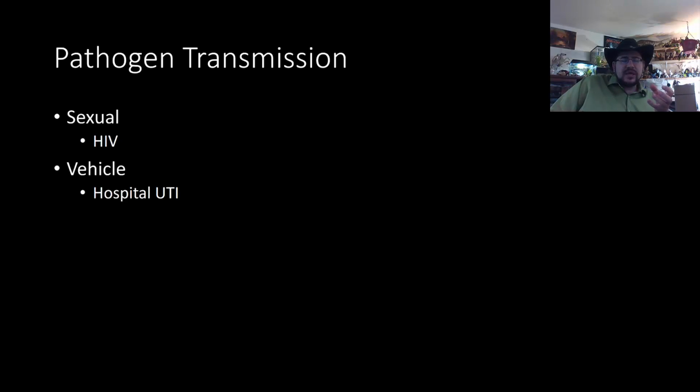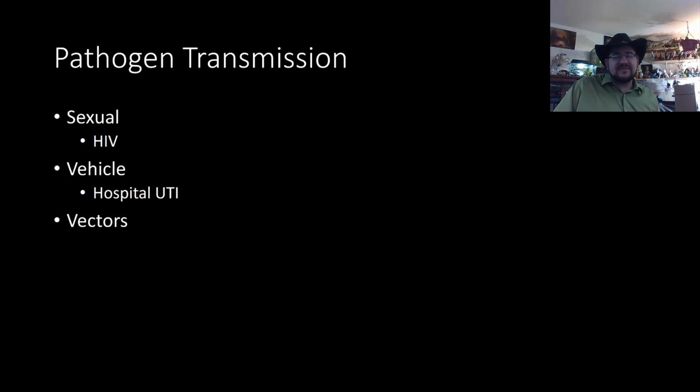People will get urinary tract infections, UTIs, infections of the bladder and the urethra, from a catheter. But you've also got doorknobs, phones, eating utensils, or various other things. Any object, really.